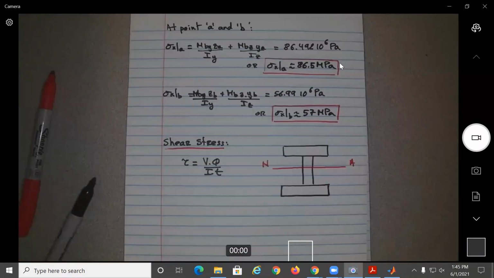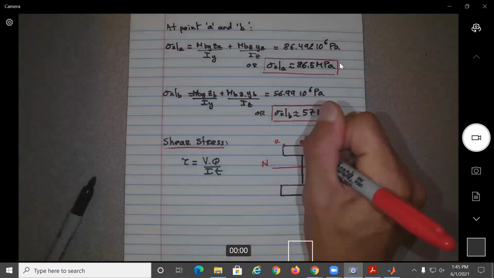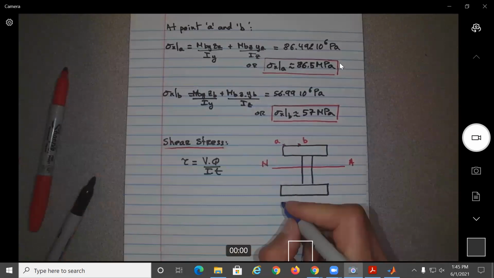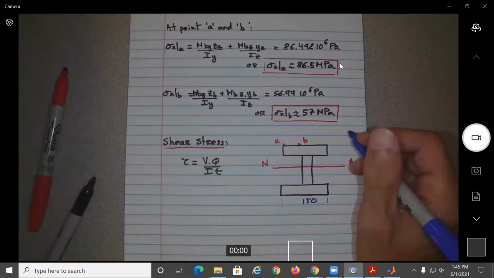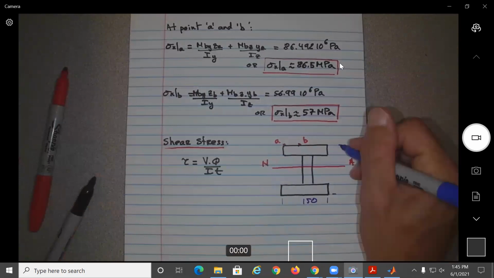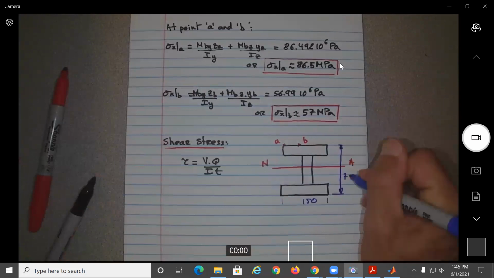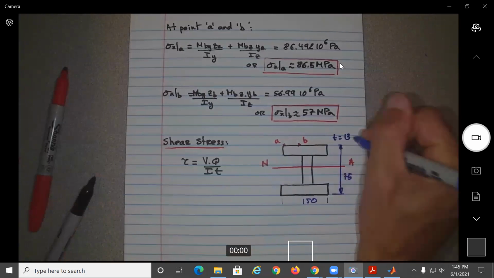Okay, so this is point A, point B. Again, this is 150, 75. Then the thickness of each one of the walls is 13 millimeters.